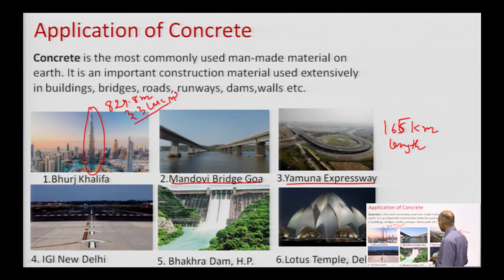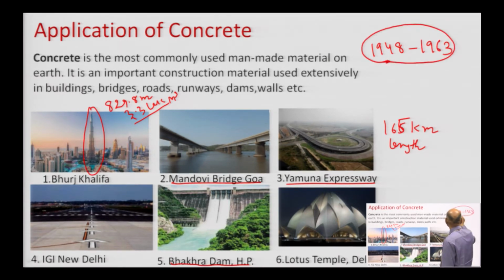The fifth example is Bhakra Dam in Himachal Pradesh. Construction started in 1948 and it was commissioned in 1963. This is the second tallest gravity dam in the world.